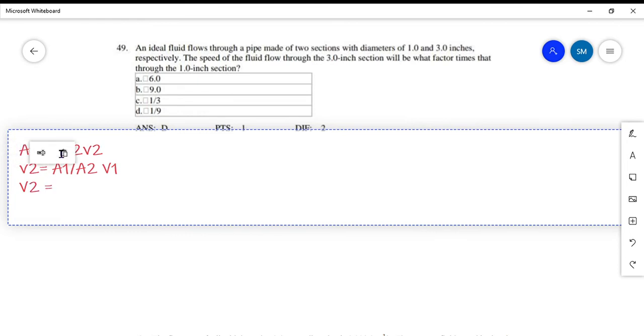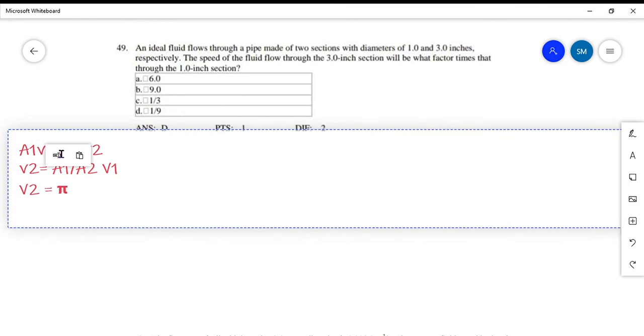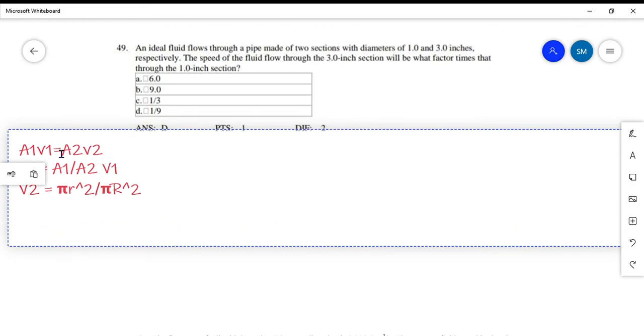A1 is equal to pi R squared, and A2 is pi R power 2 of the other radius. Pi and pi cancel.